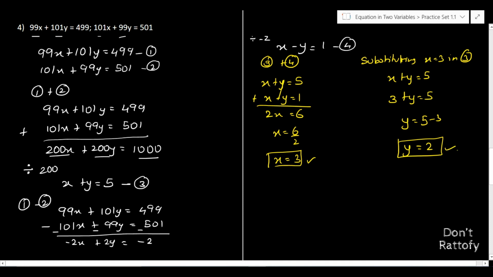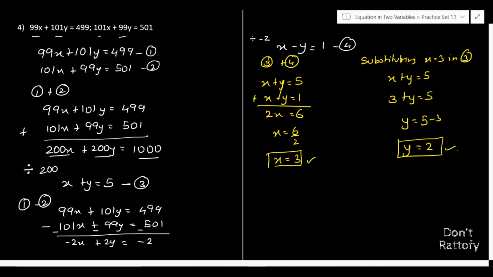Remember, this is a different kind of sum and we can use this method only when the coefficients of x and y in both the equations are interchanged. Okay, and if that is the given case, this is the sum. I will add both the equations and I will get one equation, I'll subtract both the equations, I'll get one equation, and from the third and the fourth equation I'm going to solve similarly as the elimination method.